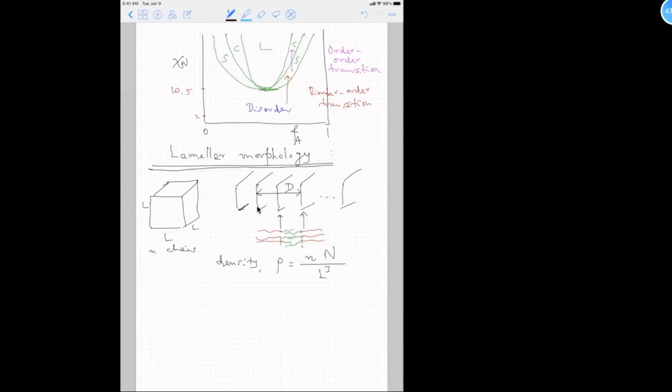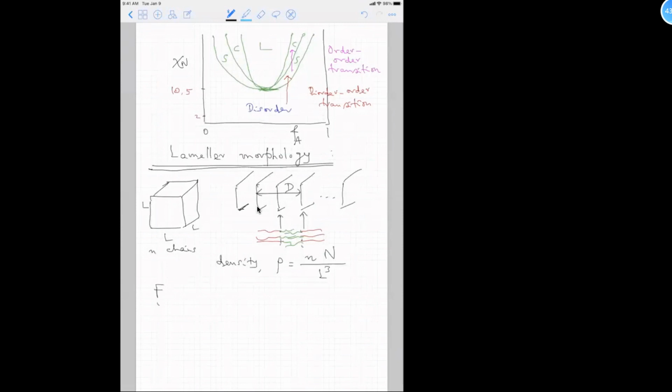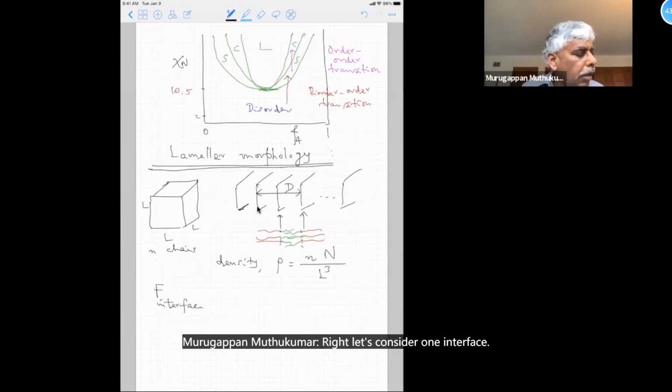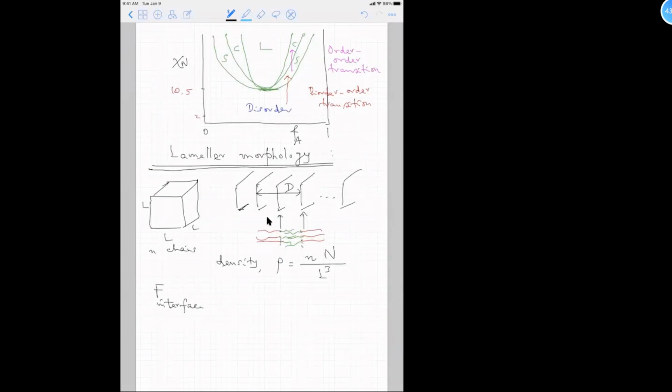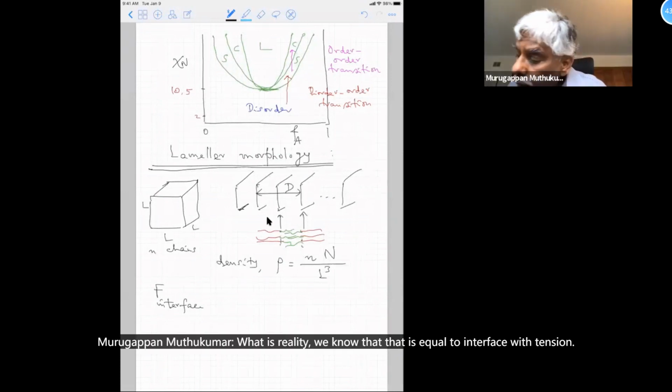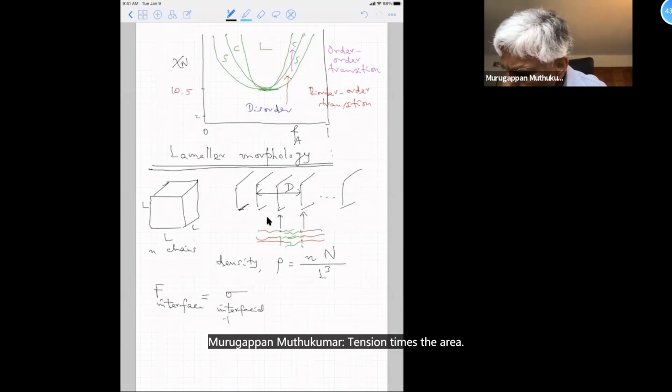Okay. I don't want to interrupt my argument here. So I want to calculate the free energy due to the interface. Let's consider one interface. What is the free energy? We know that that is equal to the interfacial tension times the area.